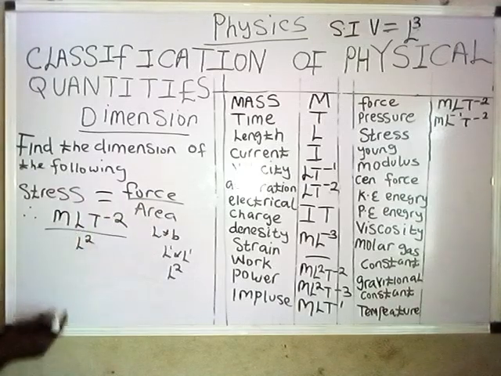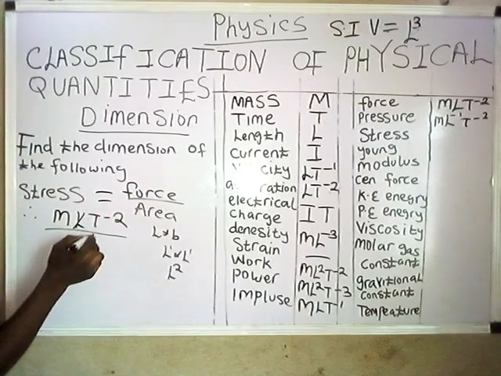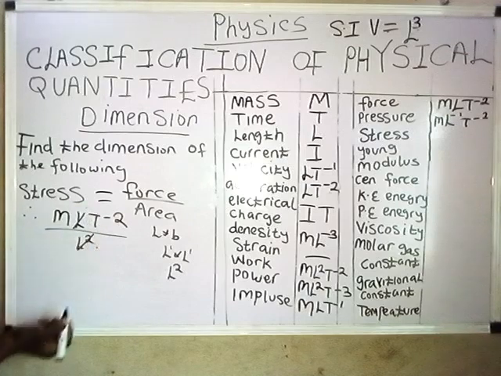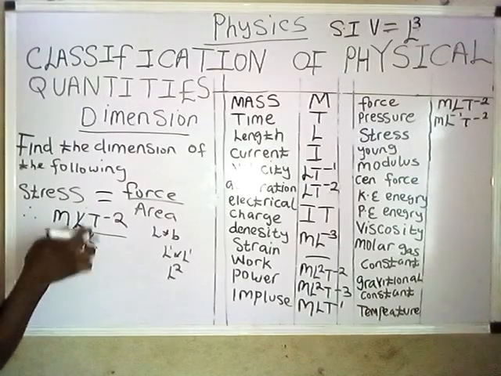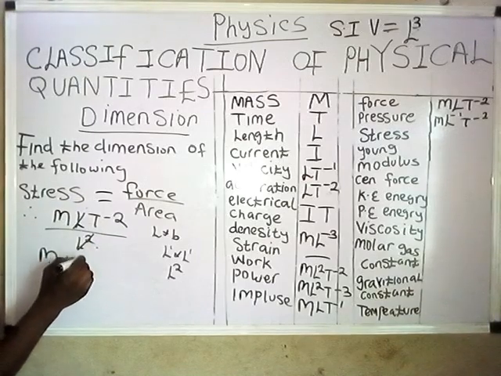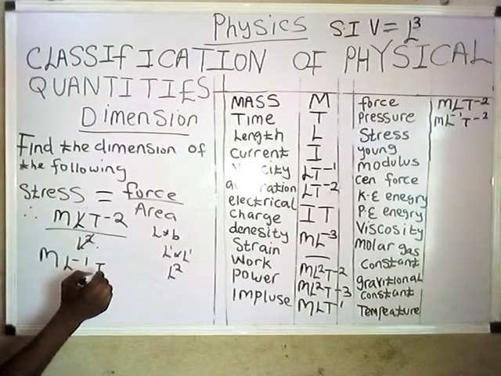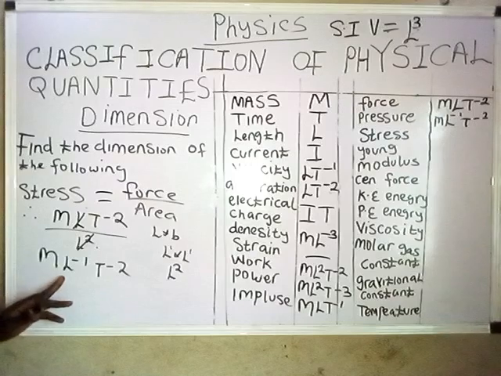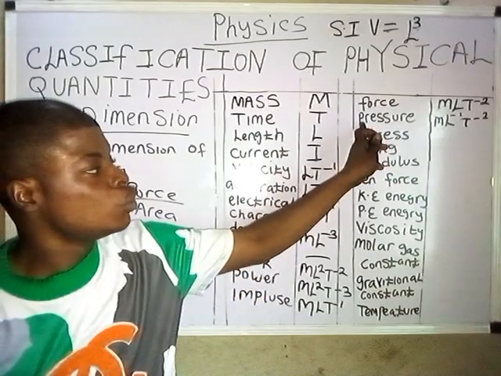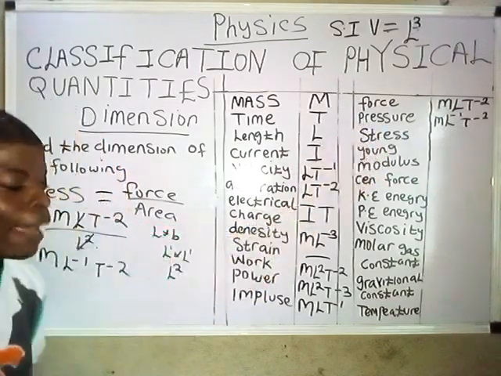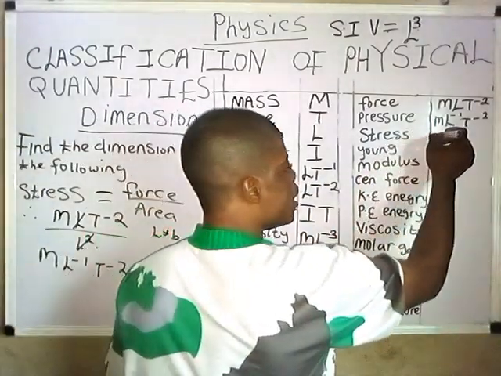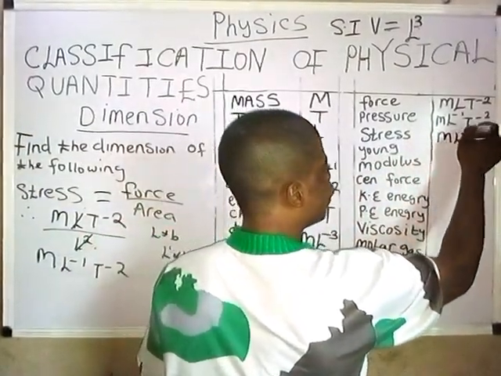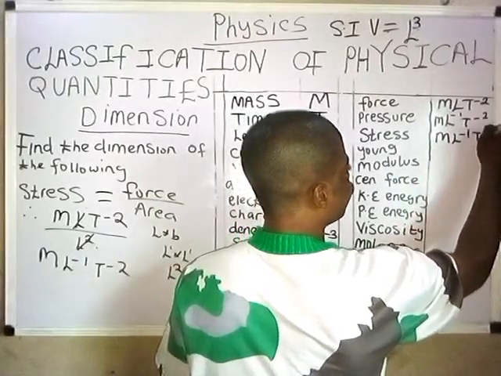So if one L takes one L here, it will be M. If this L is to come up, it will be L inverse, then T raised to the power minus 2. See that both pressure and stress have the same dimension. So the dimension for stress will be M L raised to the power minus 1 and T raised to the power minus 2.